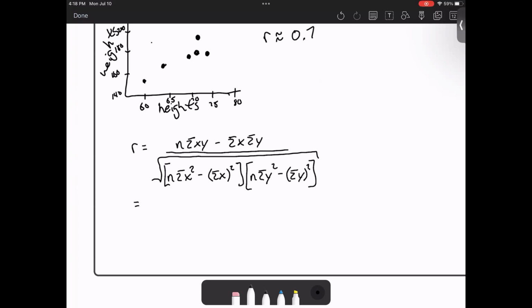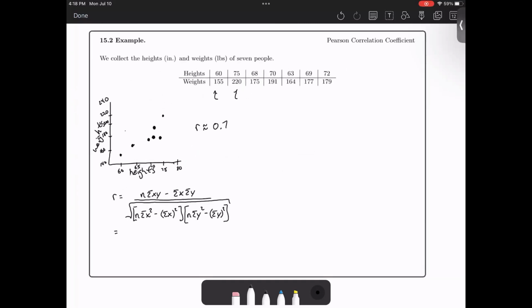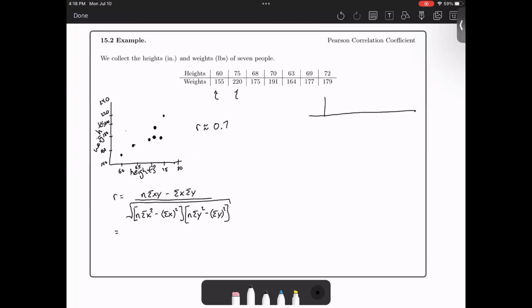Okay, so the best way to solve these problems, I think, is to give ourselves a table. Let's give ourselves the heights, which are the x's. So we have 60, 75, 68, 70, 63, 69, and 72. We'll give ourselves the y's, which were the weights.